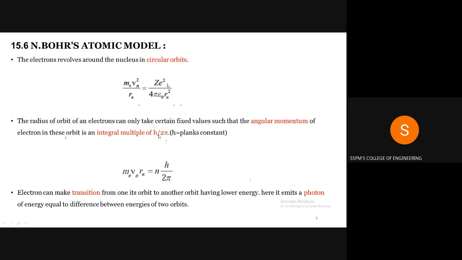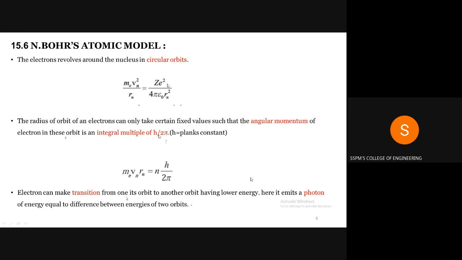formulas, please note it. Then electrons can make a transition from one orbit to another orbit having lower energy. Here it emits a photon of energy equal to the difference between energies of the two orbits.